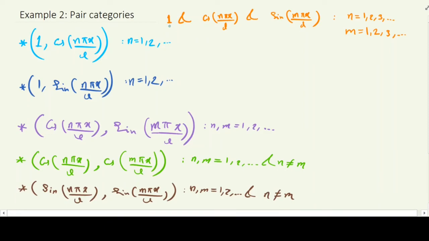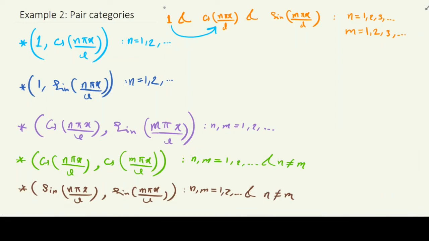We can have 1 and one of the functions from the cosine family. So it's going to be these two classes. And then the inner product for that is going to be the inner product of 1 and cosine n pi x over L, where n equals 1, 2, 3, etc.